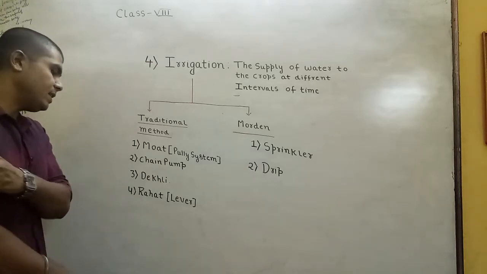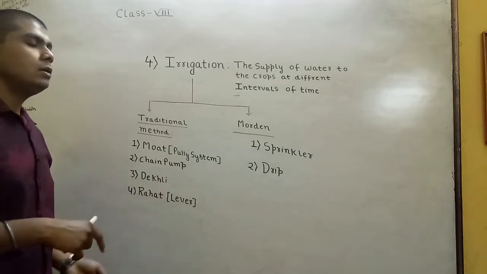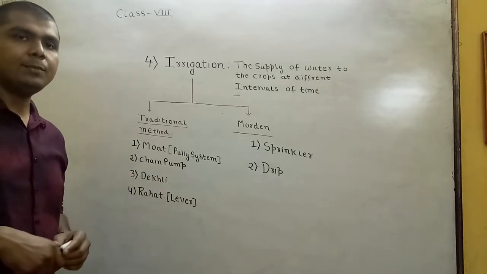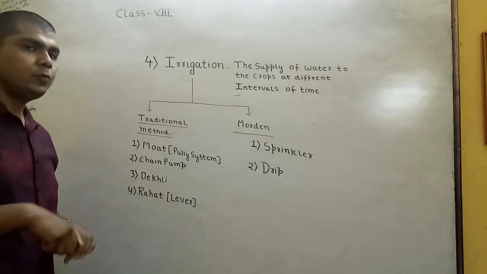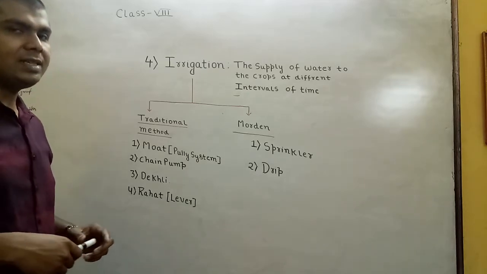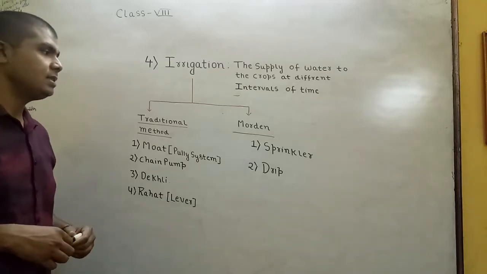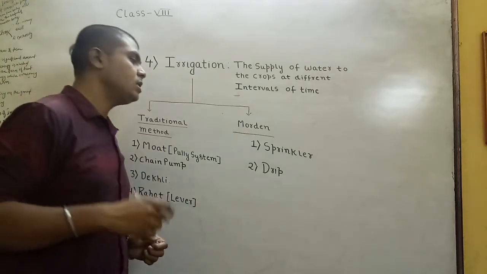The rahat or lever system is one in which the lever is attached on one side to an animal like a bullock and on one end to a bucket. When it moves, it helps in pulling the water from the well, and water is then supplied through the canals.